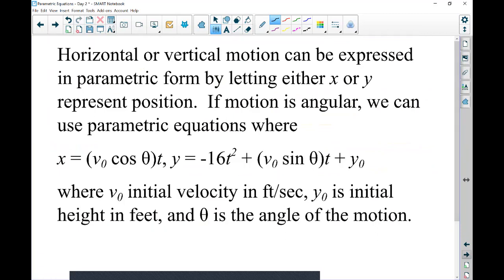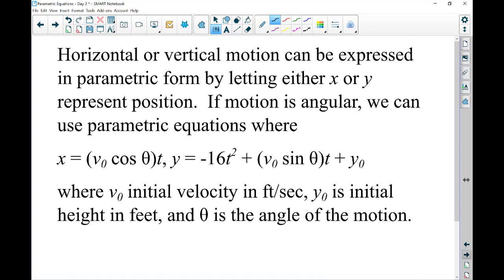All right. So when we have horizontal motion or vertical motion, if we're only moving in one direction, we can write our equation either x equals or y equals, and generally it depends upon which way we're moving. If we're moving horizontally, x equals would be a great way to represent that function. If we're moving vertically, then I would use a y equals equation.